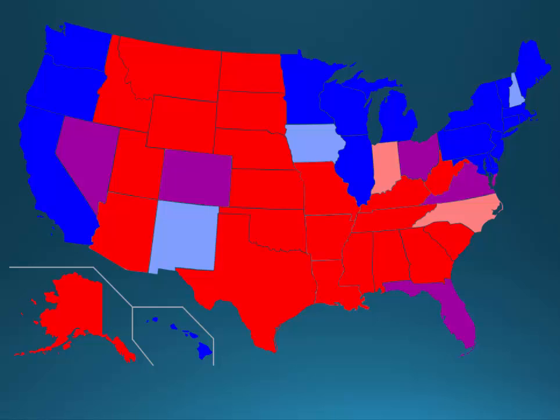In this slide, the states pictured in red voted for the Republican presidential candidate in each of the last 4 elections. The states in blue voted for the Democratic candidate in the last 4 elections. The states in other colors went back and forth and are known as swing states.